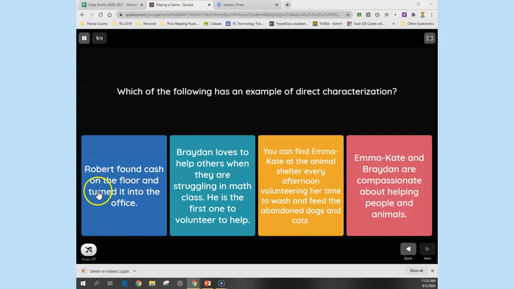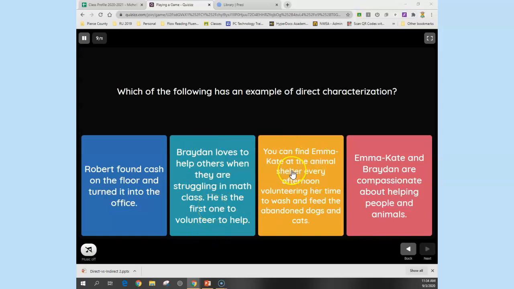Robert found cash on the floor and turned it into the office. I don't see an adjective describing Robert, but I know he is responsible, trustworthy, dependable, because he turned in the money to the office. But it doesn't tell me the adjective, so that's not direct characterization. I had to come up with that. Braden loves to help others when they are struggling in math class. He's the first one to volunteer to help. Sounds like he's helpful and he's kind, but it doesn't tell me that. So that's indirect characterization because I have to come up with the adjective helpful.